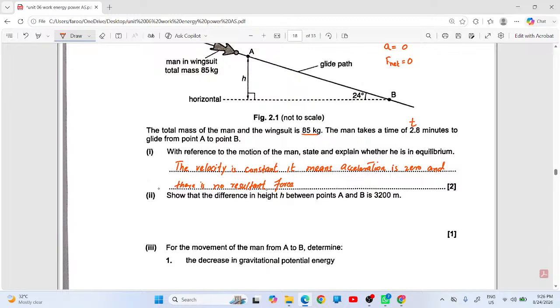There is no resultant force, therefore he is in equilibrium.